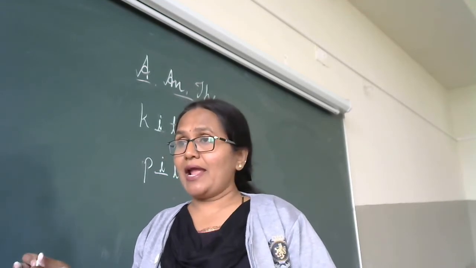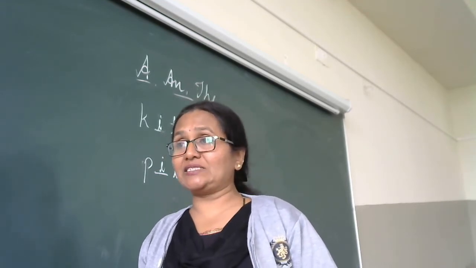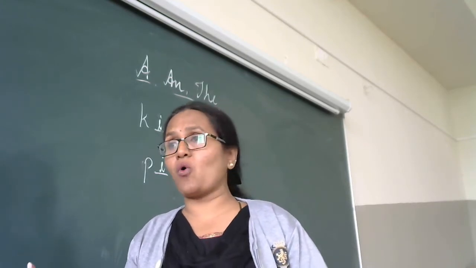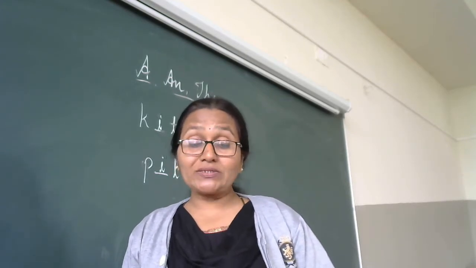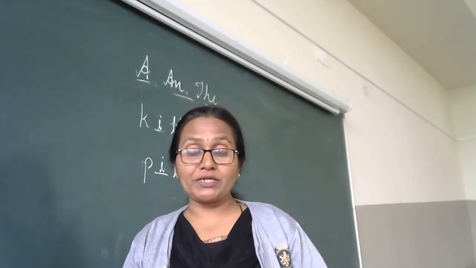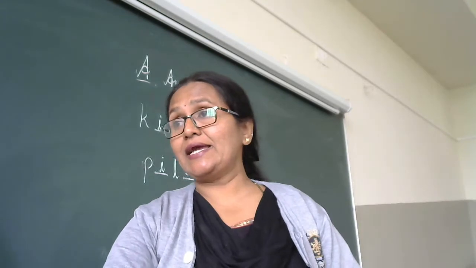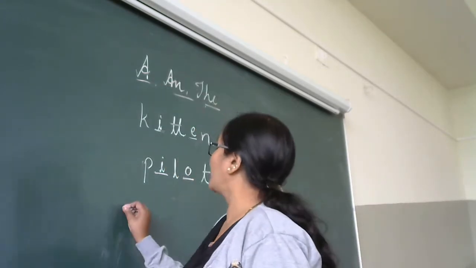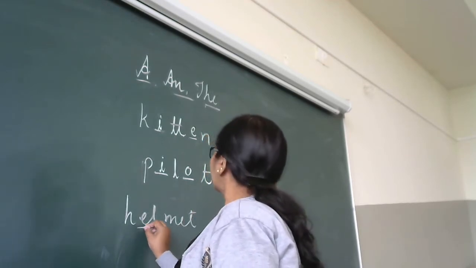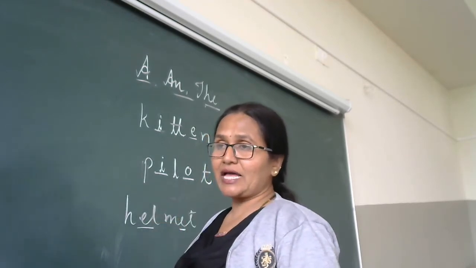Bananas are yellow. The missing vowels are E and O. Rosie wears a helmet when she drives her scooter. Helmet spelling. They have given the missing letters in your book.